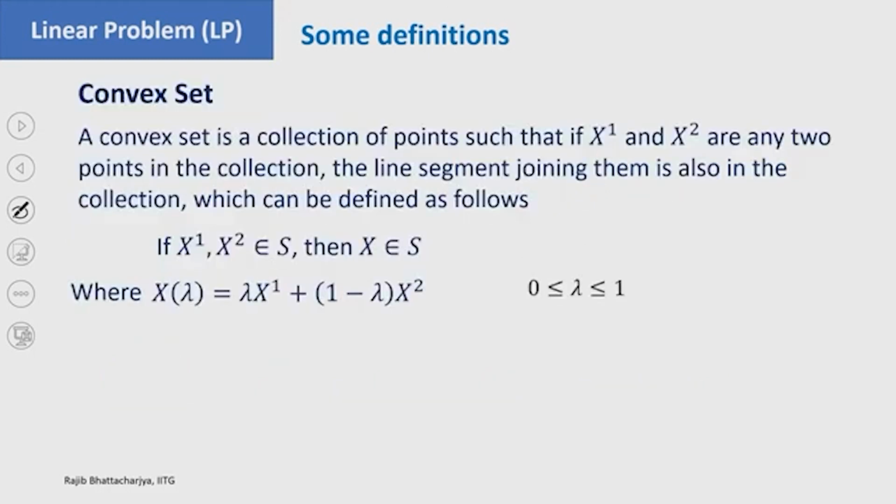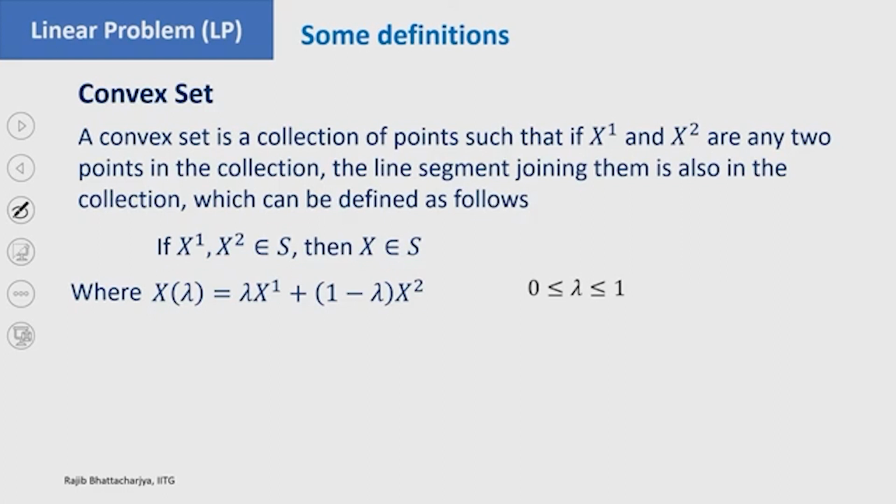Okay. Now, what is convex set? I have already defined what is convex surface, and let us see what is convex set. A convex set is a collection of points such that if x 1 and x 2 are any 2 points in the collection, the line segment joining them is also in the collection.